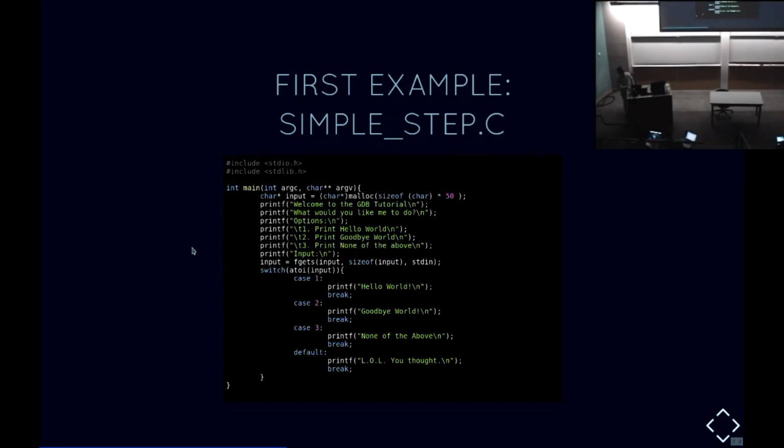No, there's actually nothing wrong with this code. The main reason I have it is so that I can show you guys some basic GDB commands without having to worry about something being broken and looking for it. Maybe I could have made the string smaller, but making it bigger doesn't actually affect the way this code works. It'll print hello world, goodbye world, or none of the above without any issues.